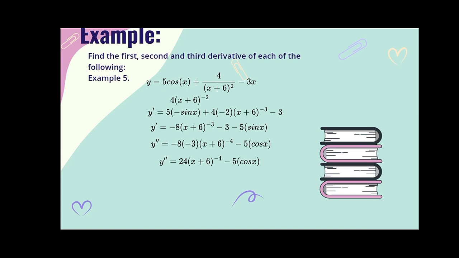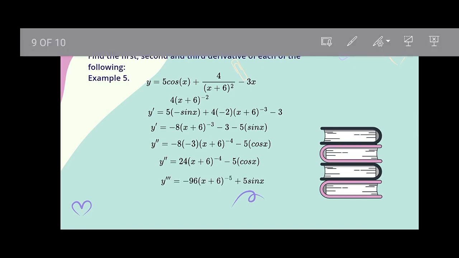We will now simplify the second derivative, which is negative 8 times negative 3 will become 24. Copy the quantity of x plus 6 raised to negative 4, and then copy also the negative 5 times cosine x.